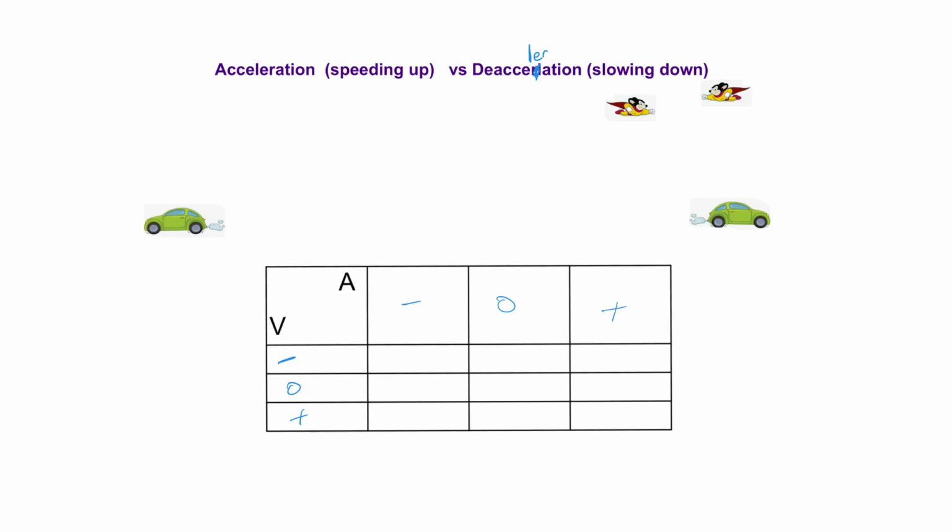In the first case, as we can see, both velocity and acceleration are negative. So what does that mean in terms of the car and Mighty Mouse? Negative velocity means the car is moving towards the left. And now notice that the acceleration is negative.